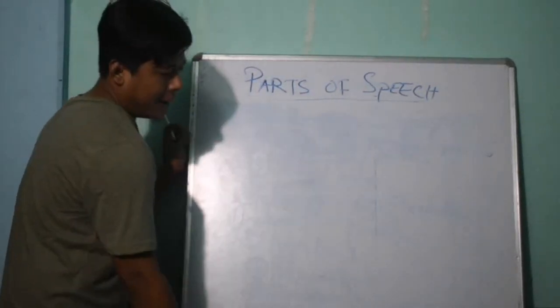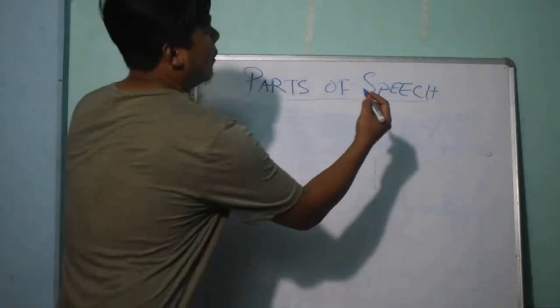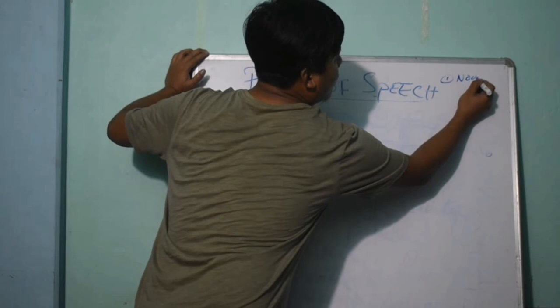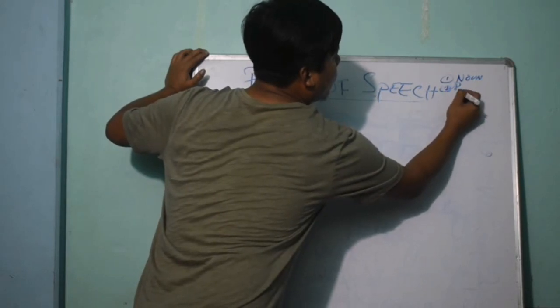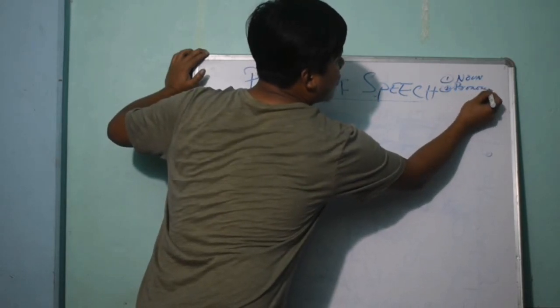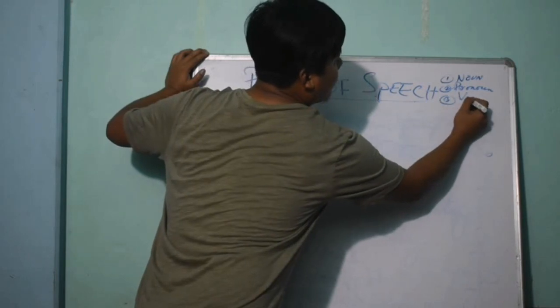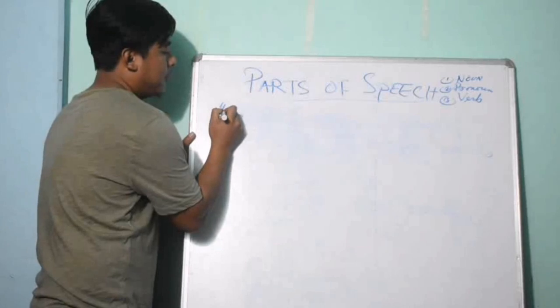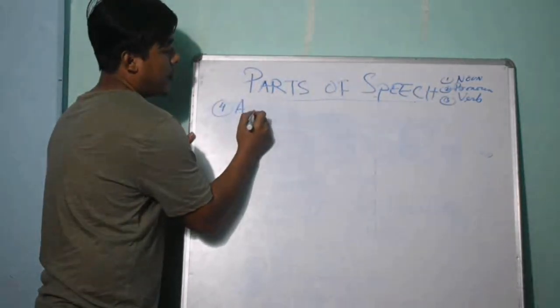So we have learned, let me make a short list here. Noun. We have learned what noun is. Number 2, pronoun. Number 3, verb. Now, number 4, adverb.